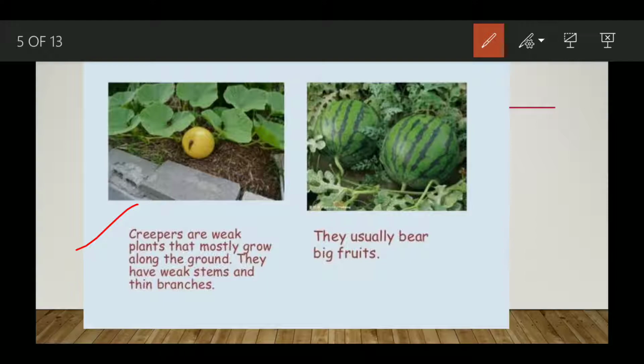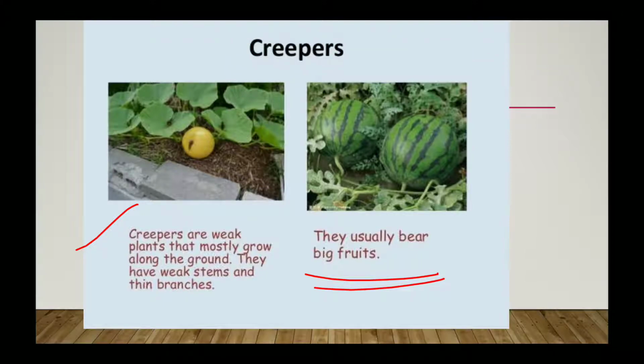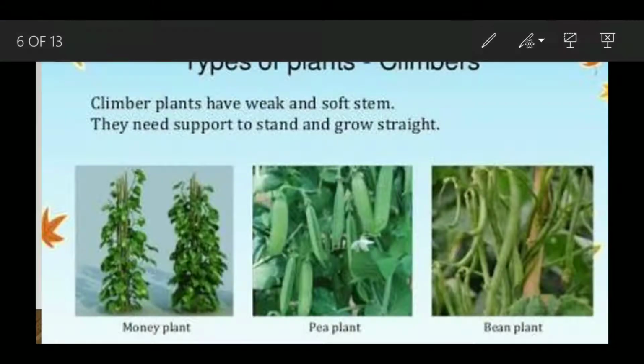They have weak stems and thin branches, but they always bear large and big fruits.